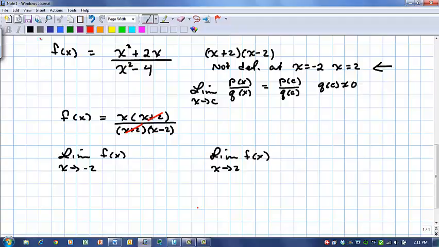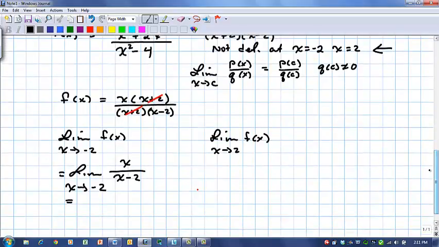So the limit as x approaches -2 of x over x minus 2 is a rational function with denominator not equal to 0, so I can simply plug in, and I get -2 over -2 minus 2, which is -2 over -4, positive 1/2.